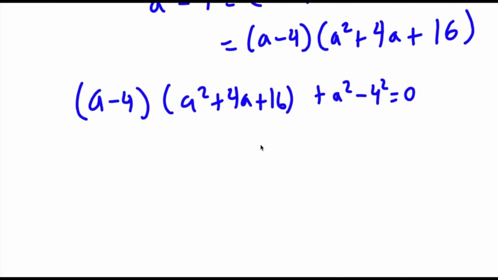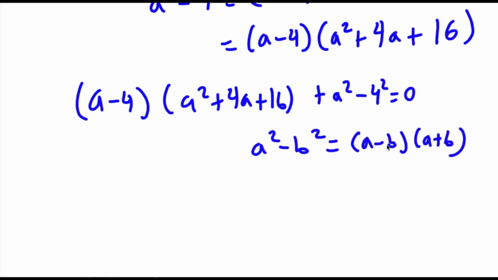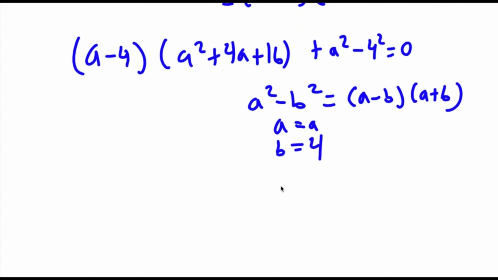Now, if I have something in the form a squared minus b squared, this is equal to a minus b times a plus b. So in this case, a is equal to a and b is equal to 4. So a squared minus 4 squared, this would equal a minus 4 times a plus 4.